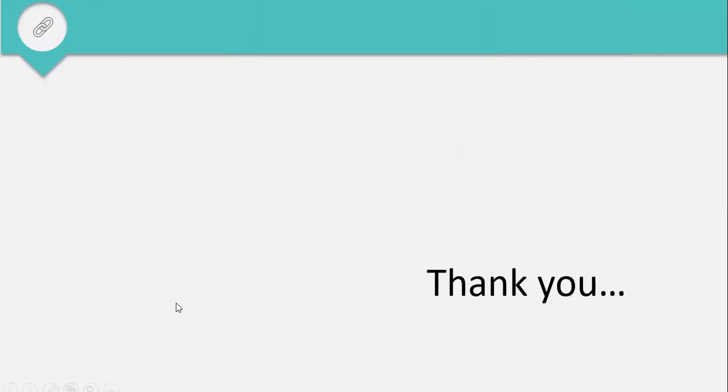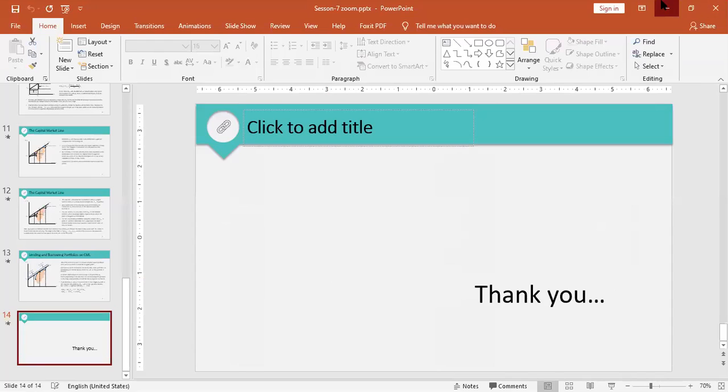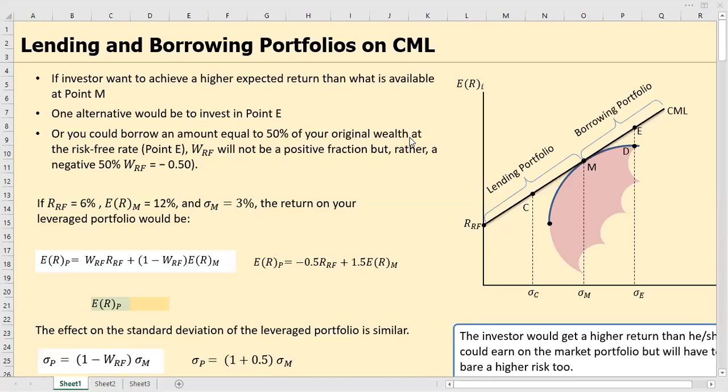So let me go into the calculation. Can you all see this sheet? Yes, sir. So please pay your attention to this particular Excel sheet.